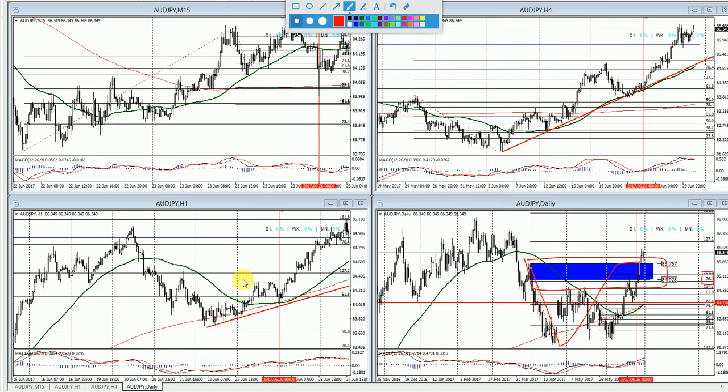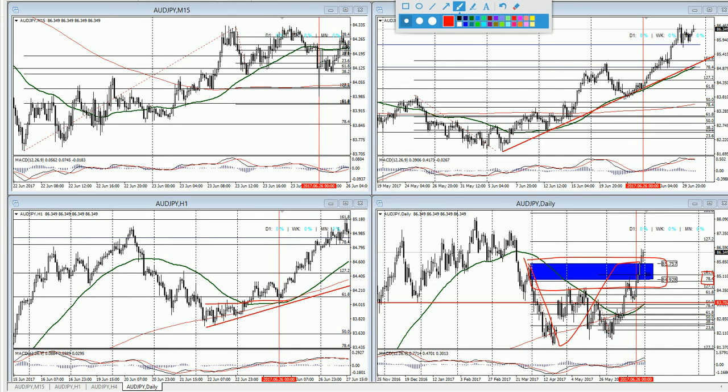On the hourly chart, the price broke the previous high and pulled back, and at this time we are expecting some setup right here. The trend line has been formed more closely in the hourly as well for the uptrend.